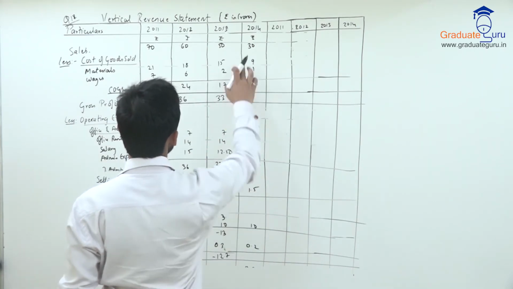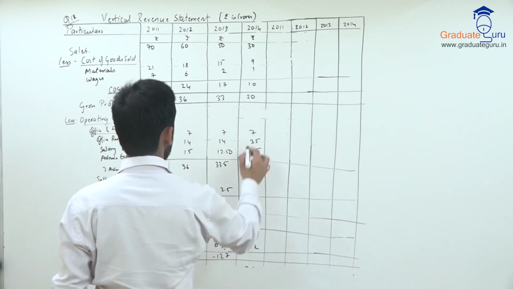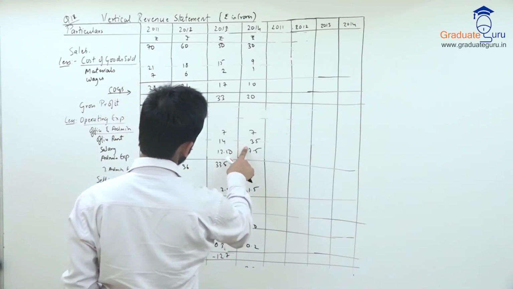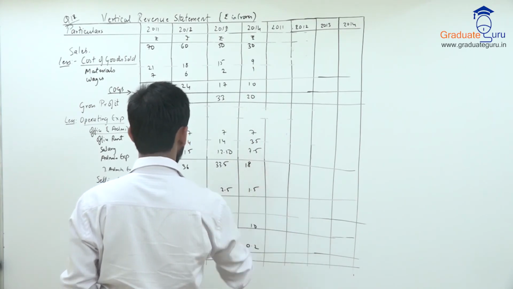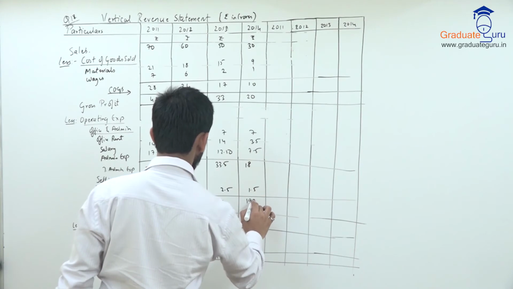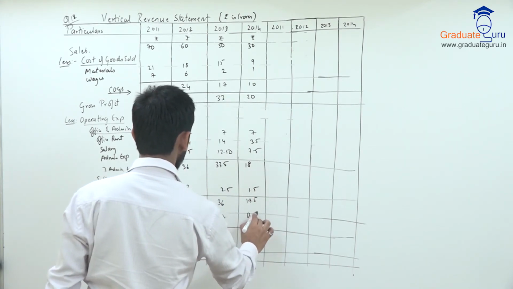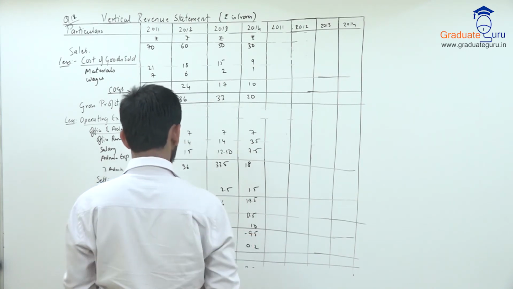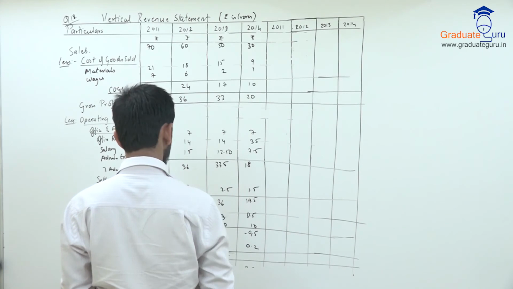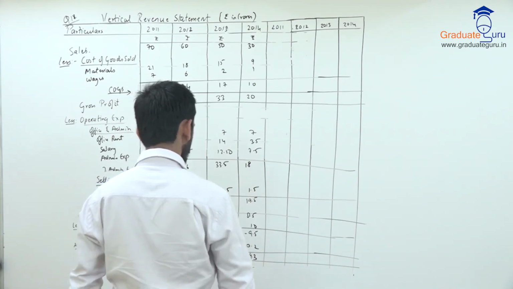Now on this, 30 minus 10 is 20. 3.5 is 10, 11, 18. 18 plus 1.5 is 19.5. At last we got a profit of 0.5, but this again is negative, minus 9.3, and we are done.